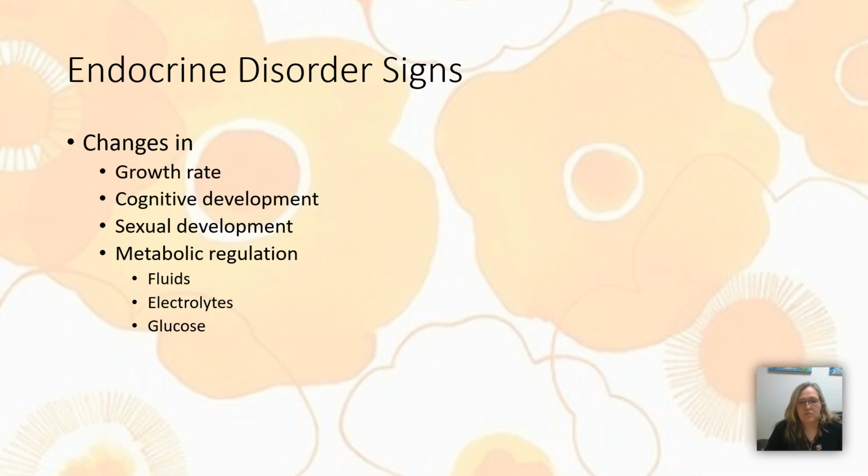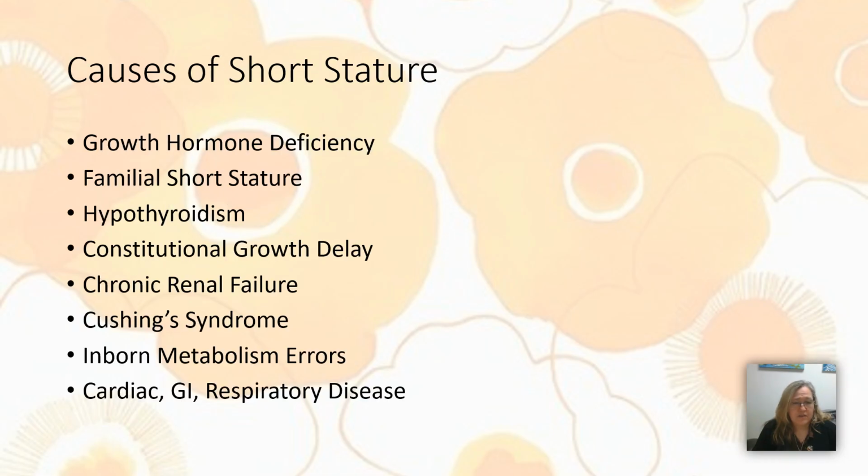So these are all important signs of an underlying endocrine disorder. Remind yourself also of some of these different disorders that can cause delayed growth or stunted growth. There's at least one test question where you're asked to pick some of these off of a list.